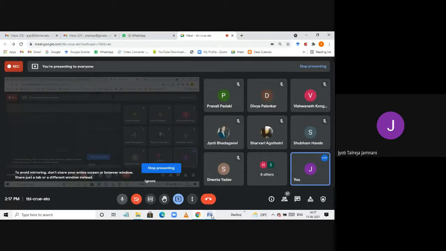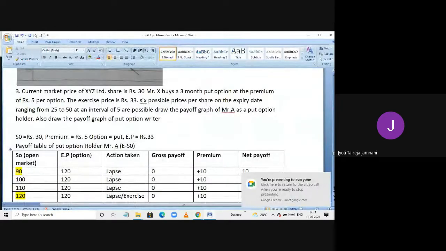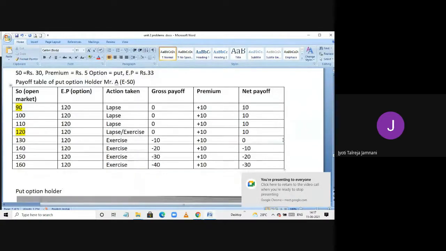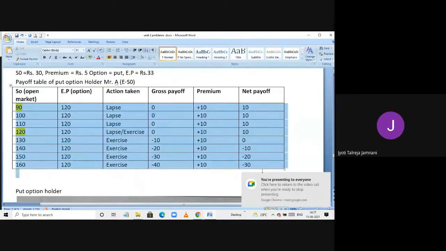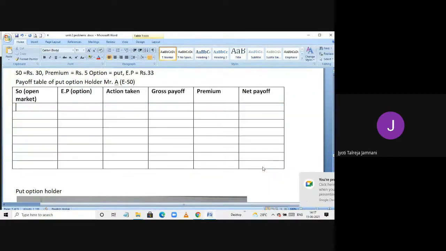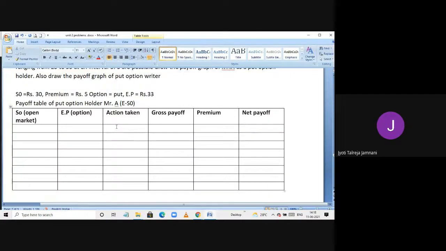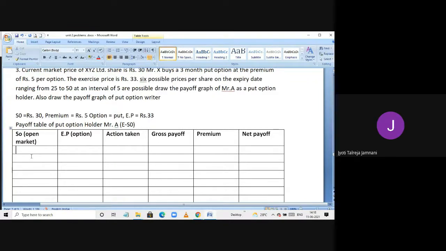Okay. So now in the table, we'll put the prices. S naught they are saying is from 25 to 50 ranging with the interval of 5. So 25, next will be 30, interval of 5, 35, 40, 45, 50.